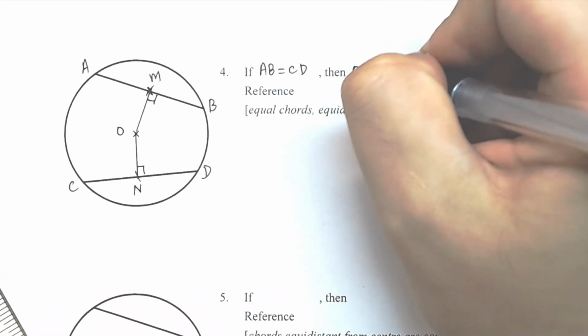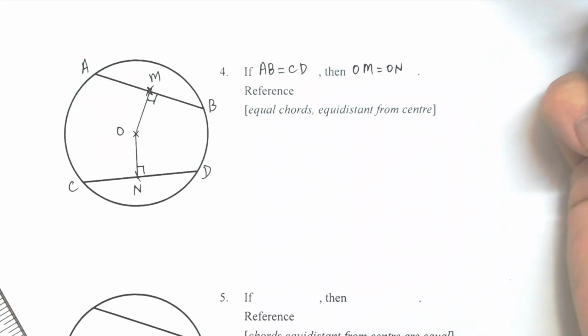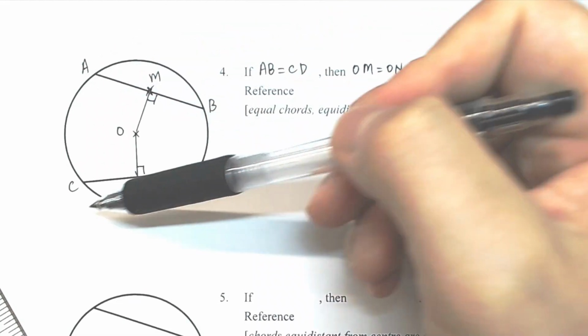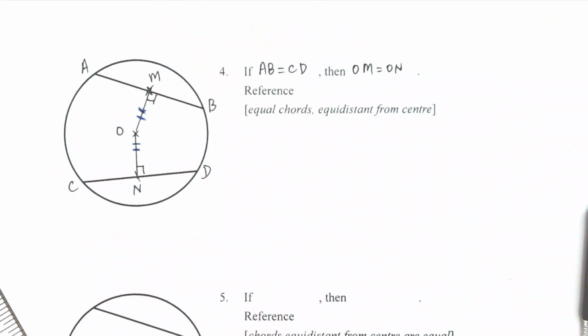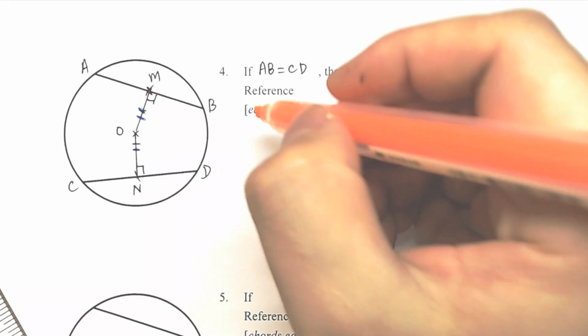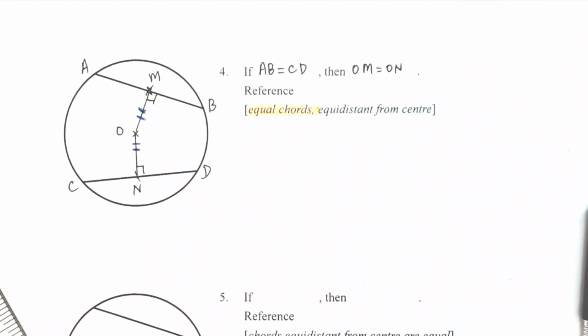So OM is equal to ON. What happens to A and B should happen to C and D. So the result is OM is the same as ON. The reference is: equal chords is the condition, and the result is equidistant from center.